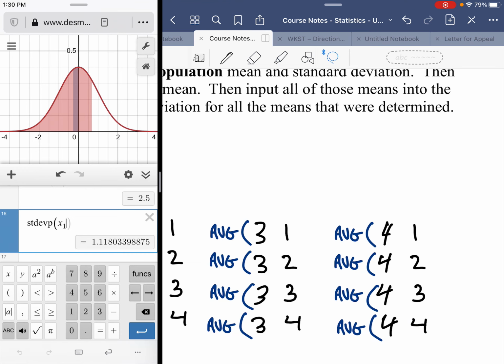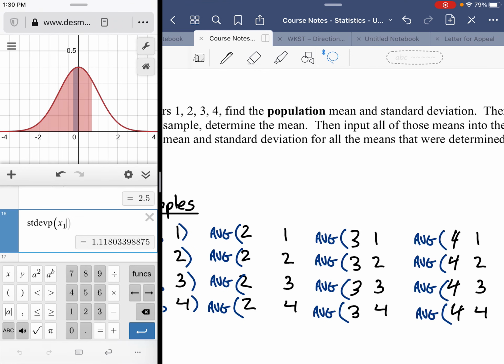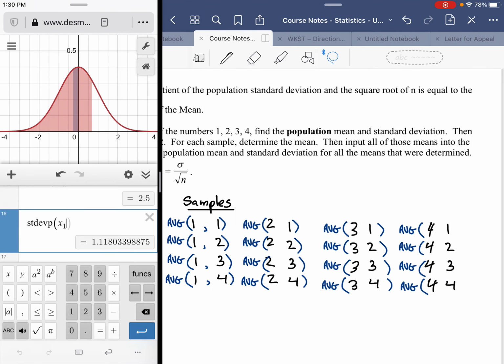Smidge that over, smidge that over. Then it's just the commas.